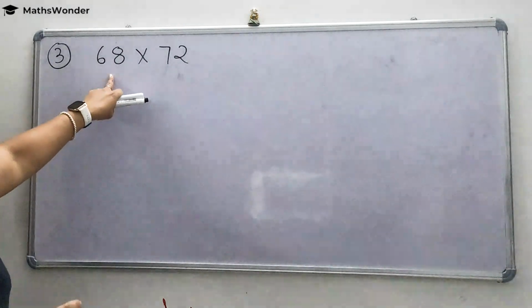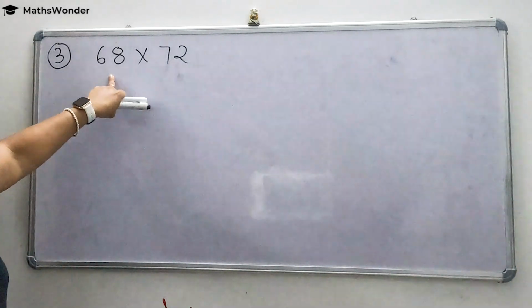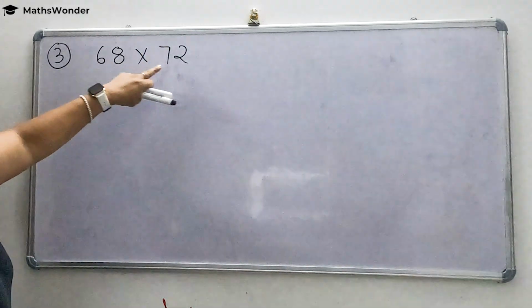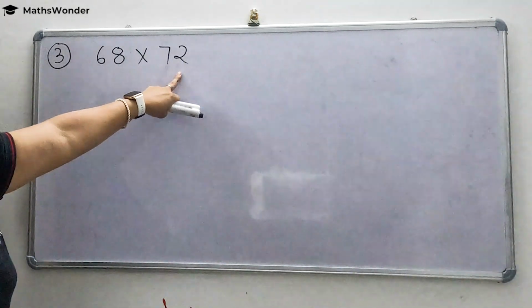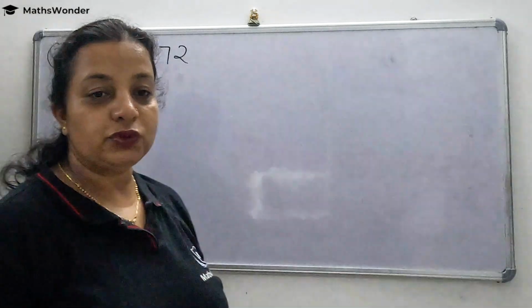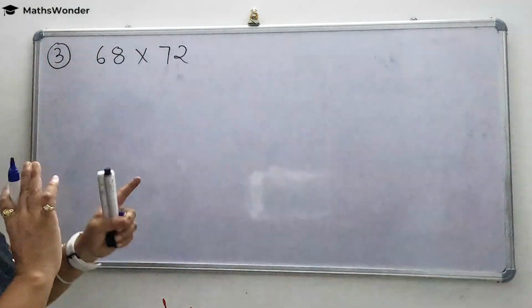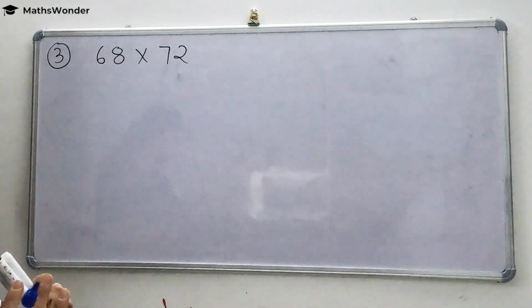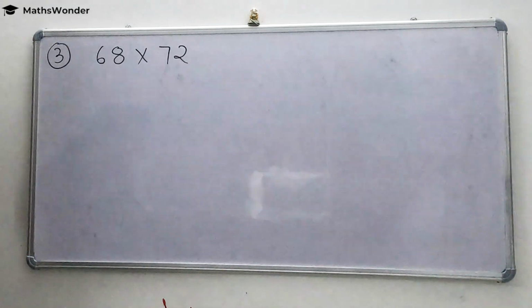See, you can understand this identity. Which identity will help in this? 70 minus 2, 70 plus 2, isn't it? But 70 sometimes you get confused. In some questions this is easily understood, but in some questions you do not understand easily. Then how you will check?